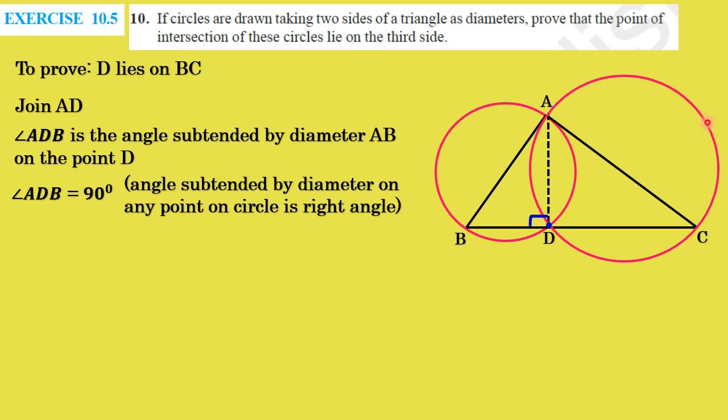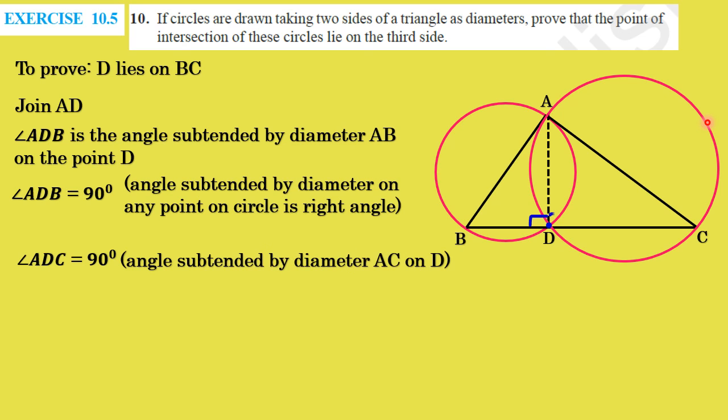Yes. Now similarly, ADC, that is the angle subtended at D by the other diameter AC, that also 90 degree. So these two angles are 90 degree. So when we add them, what we get? We get 180.